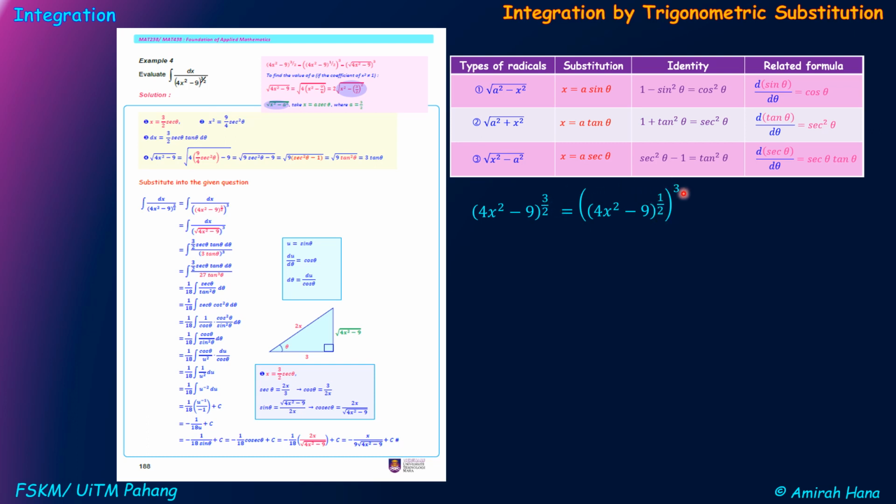Because under properties of indices, if there is another power, we multiply them. So half times 3 equals 3 over 2. So we get back this one. And then the power of half means square root.